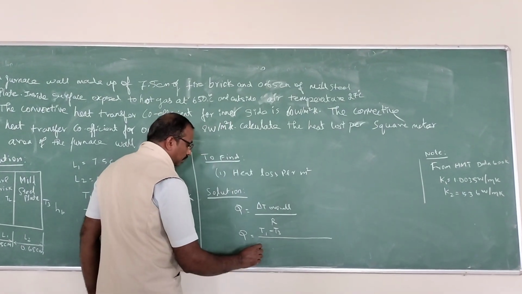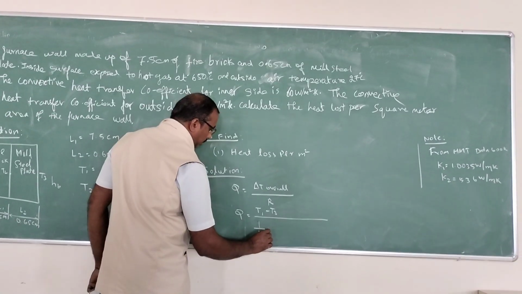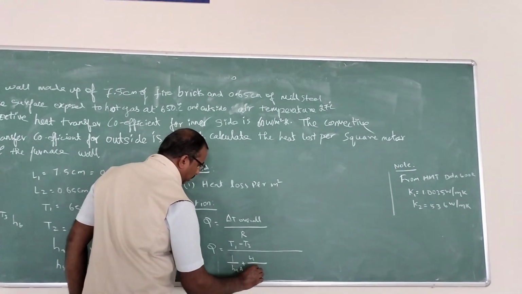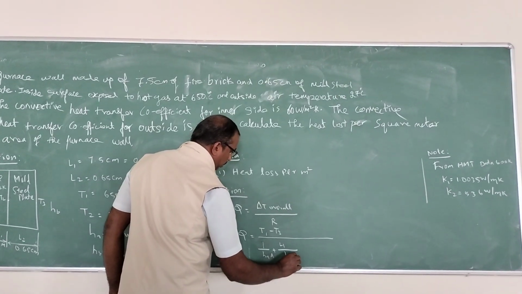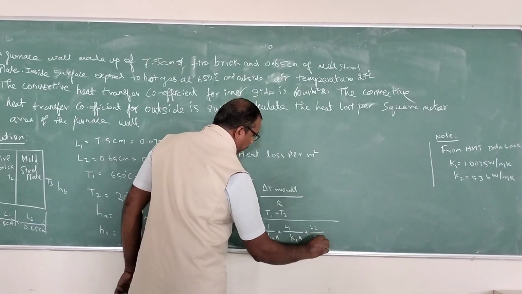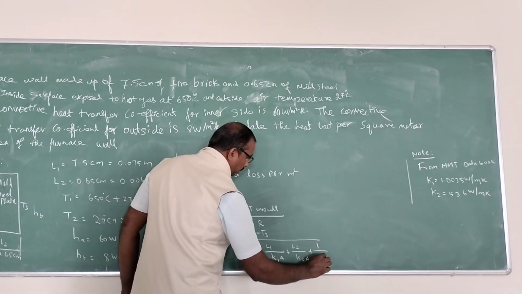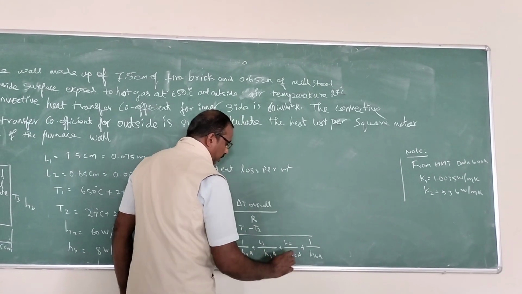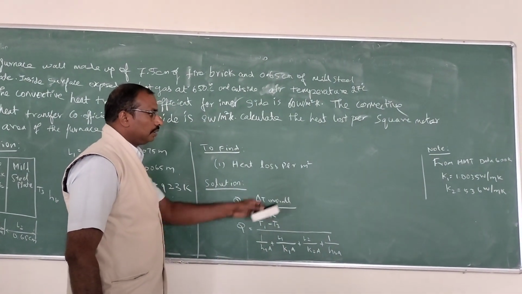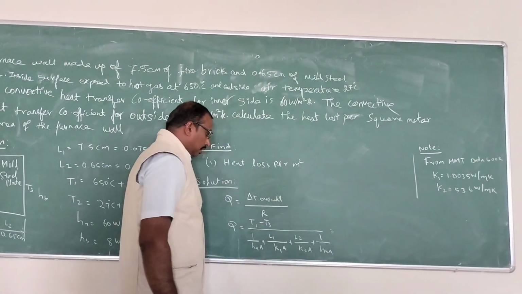R equal to 1 by HA A plus L1 divided by K1 A plus L2 divided by K2 A plus 1 by HB A. The K values are given in the HMT data book. Okay. Then substitute all the values.